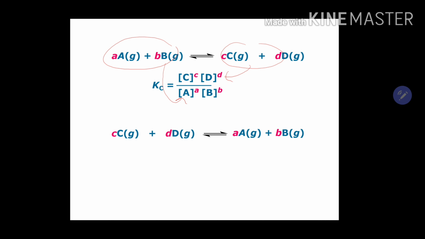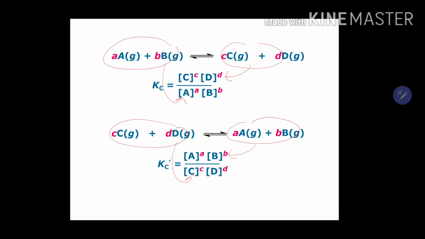But if we write the chemical equation in the reverse direction, the new equilibrium constants expression is known as Kc prime. So the concentration of products divided by the concentration of reactants, and the value of Kc prime is 1 over Kc.